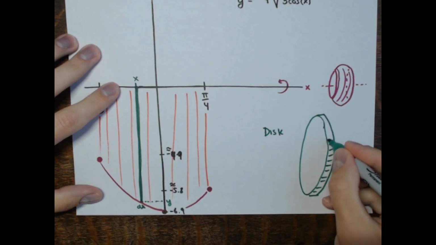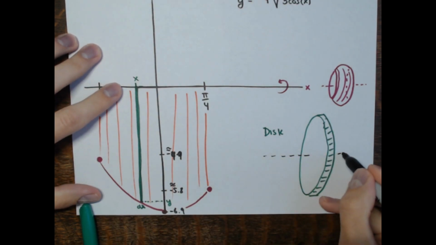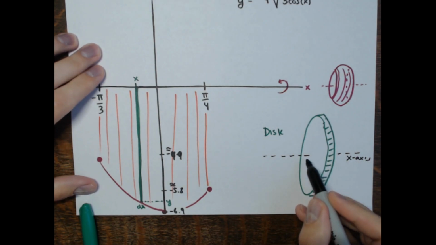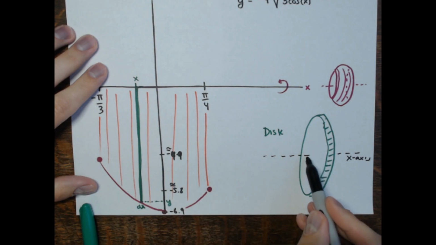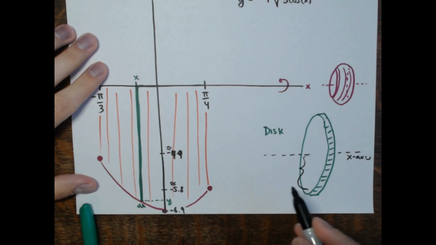right, like a coin. And through the middle is the x-axis. We're rotating around the x-axis. And from this picture here, I can find the radius going from the x-axis down to the curve at the edge of the region. So radius.